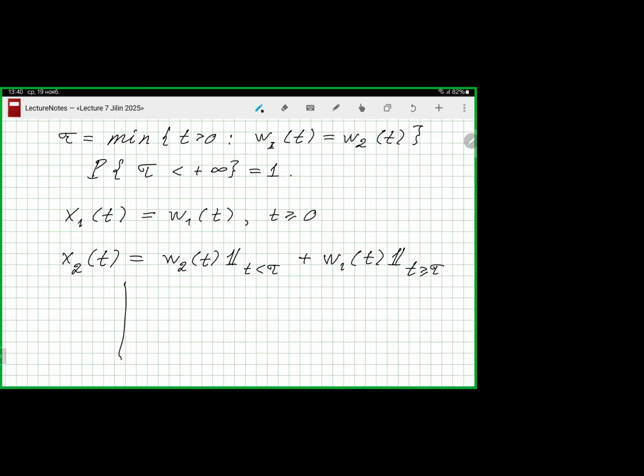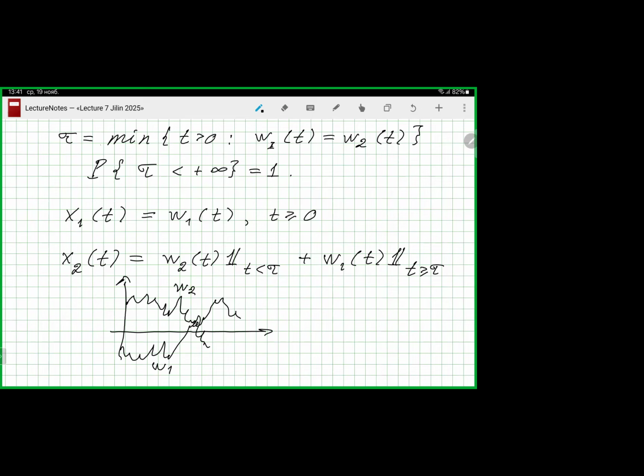We just do the following. We have two Wiener processes. For example, this is our W1(t), and this is our W2.